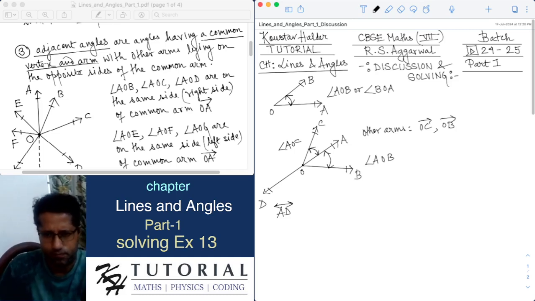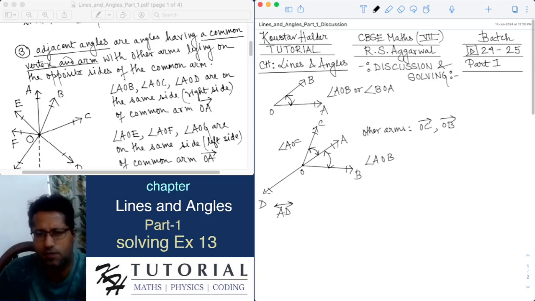So now the other arms, that is OC and OB, should lie on different sides of the line AD. What are the different sides?